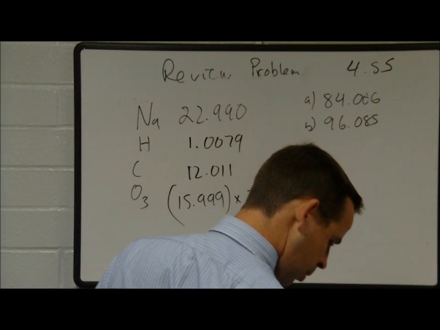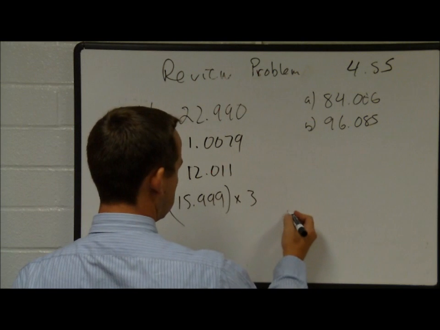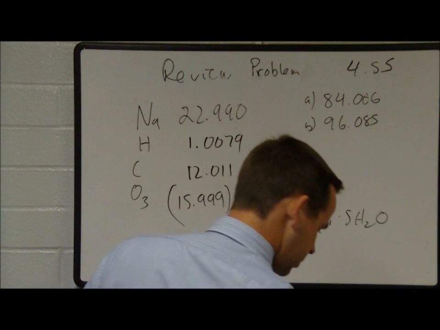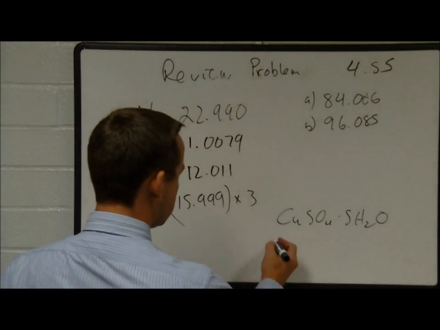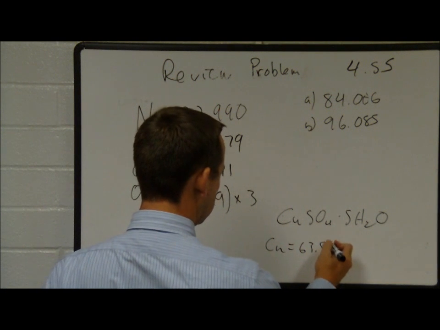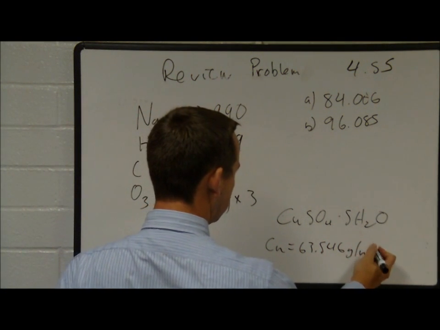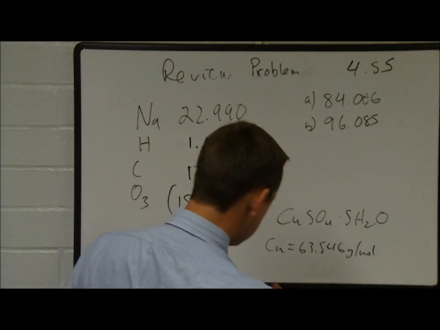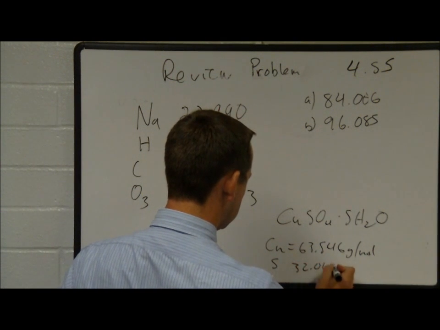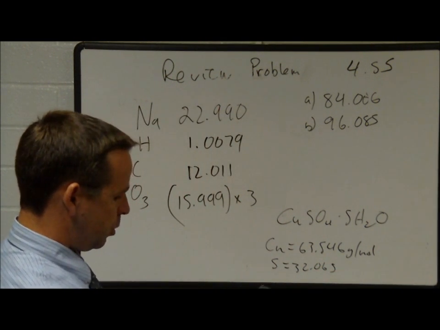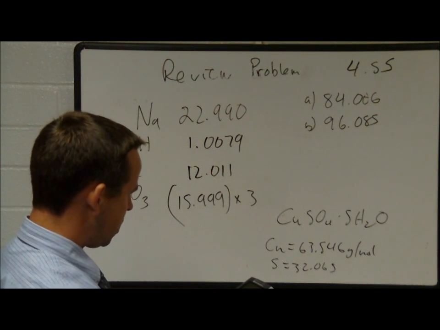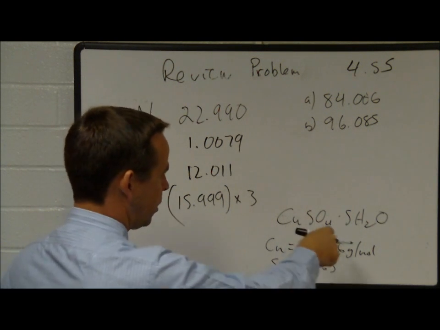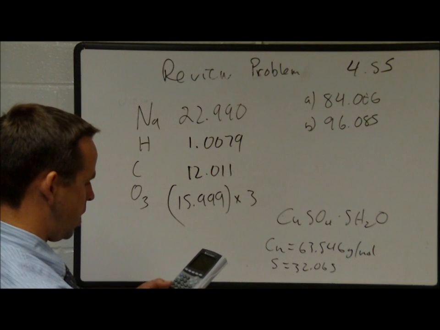C, copper sulfate pentahydrate, CuSO4 5H2O, right? Copper, the mass of copper is 63.546. Remember, those units are grams per mole, and that's why we can answer these problems this way. Just add them all up. Sulfur, 32.065. Okay, so we have 32.065 plus 1 copper, 63.546, plus 5 times 2, 10 hydrogens, right?